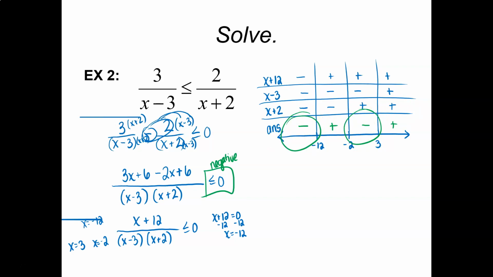Macy, how would we write it? Good. So you could start off with brackets, but both of those numbers come from the denominator, so they cannot equal those values, so you change them back to parentheses.